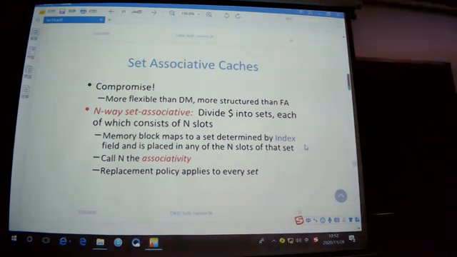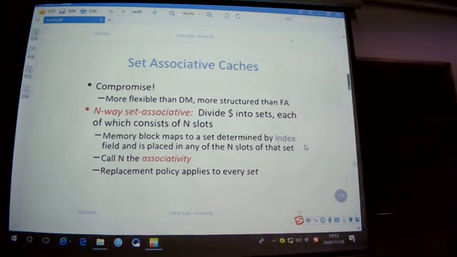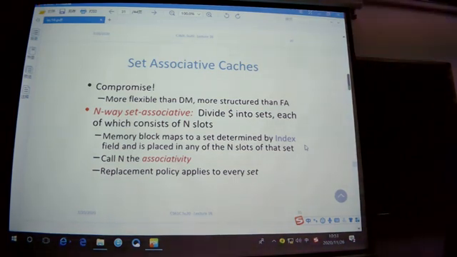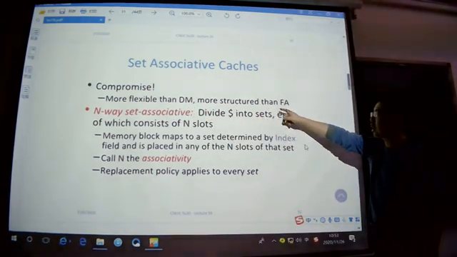Some things have shortcomings and good things, but we can't only have good things and no shortcomings. So we choose a compromise. Some people have shortcomings and good things. So in China, 人无完人. So this is more flexible than DM, more structured than SA.